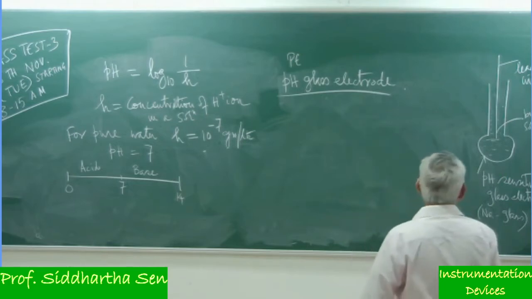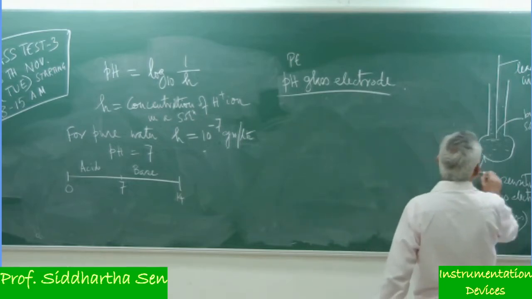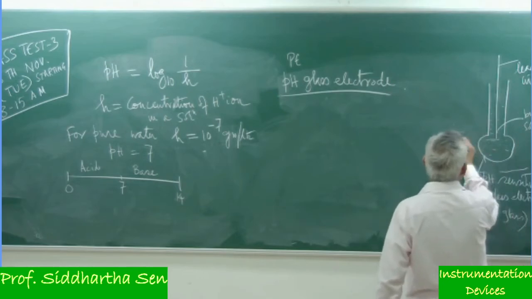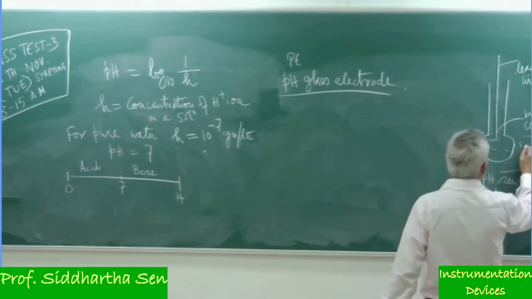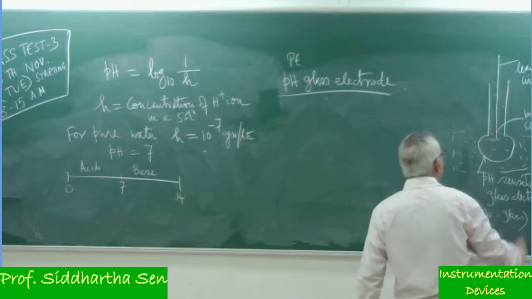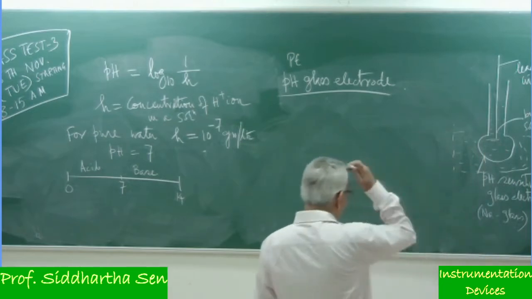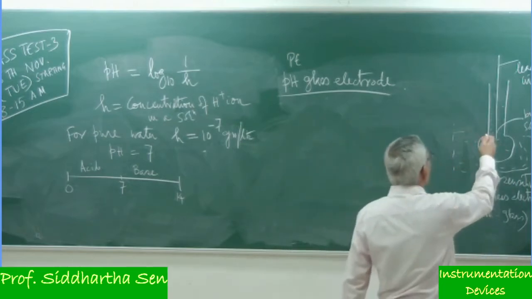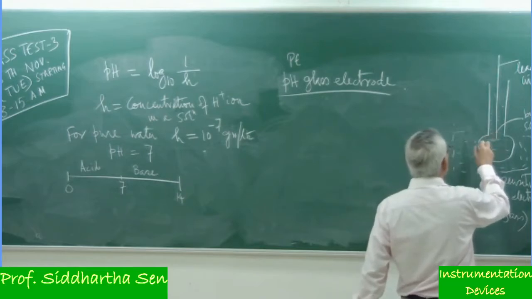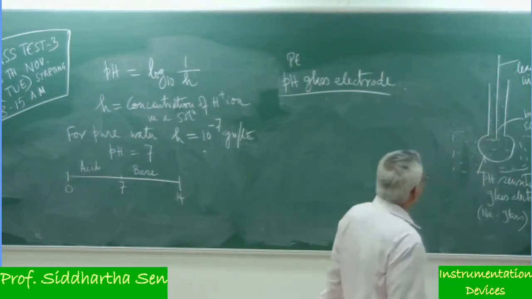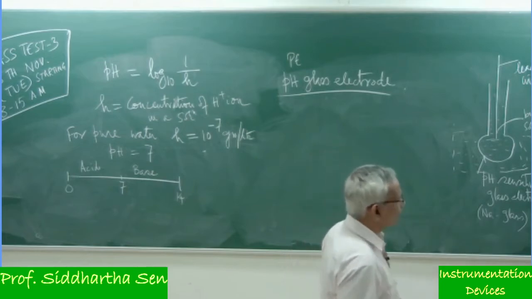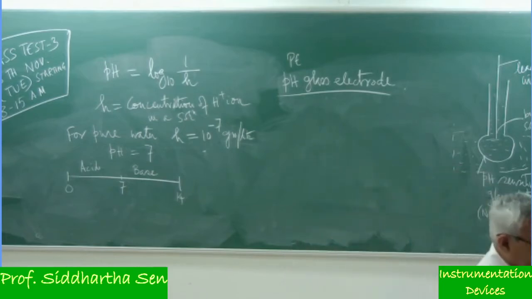So when we dip this into a solution of hydrogen ion, between the two surfaces of the glass electrode, some potential would be developed, and that we call a half cell there. Okay.